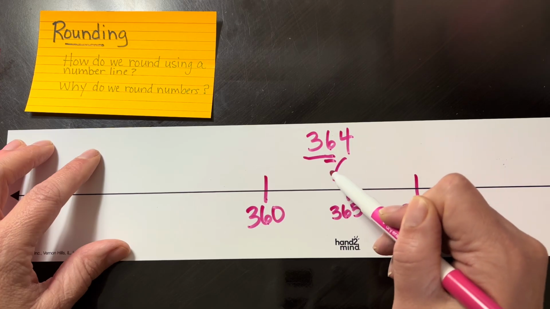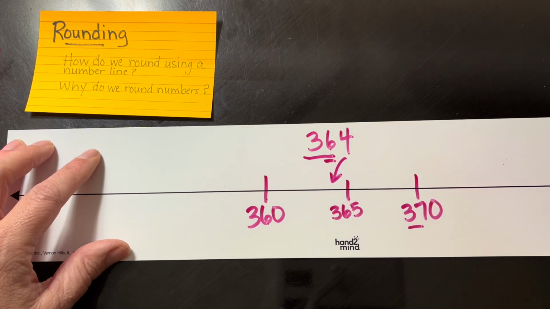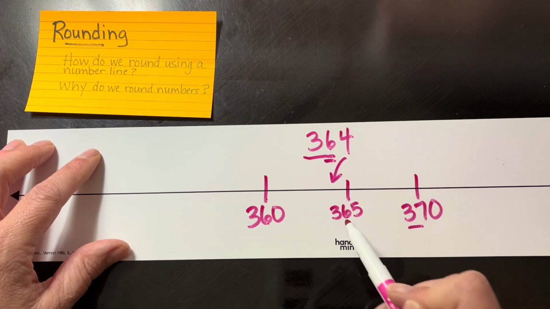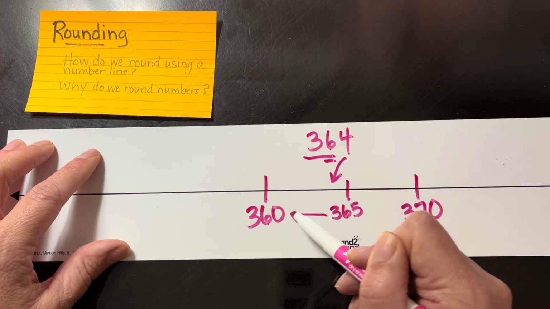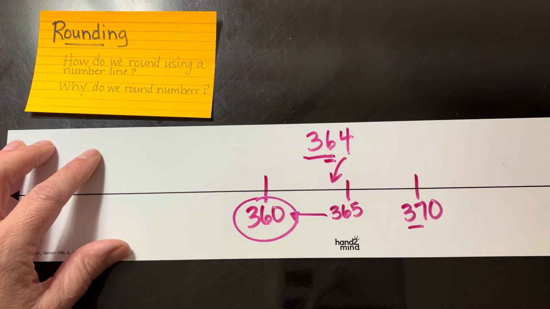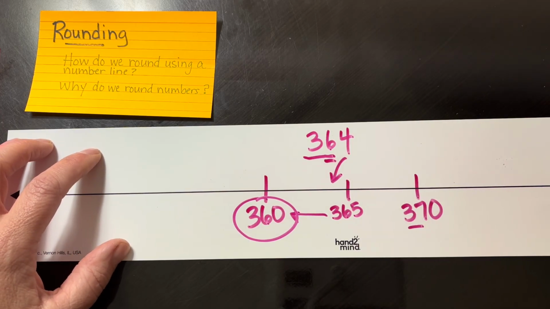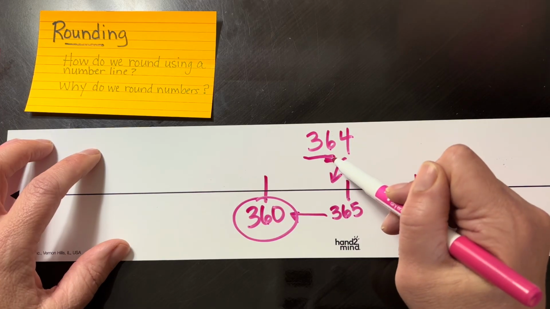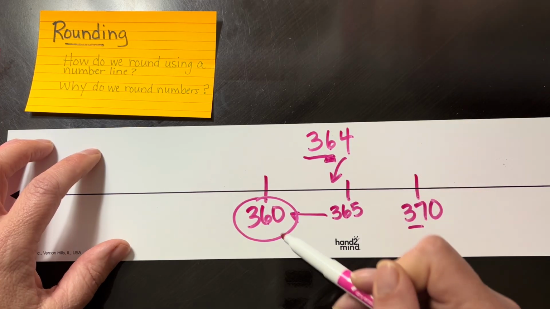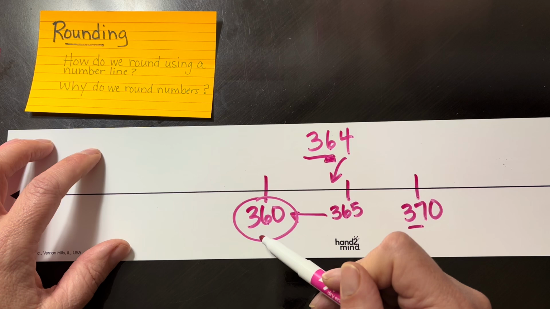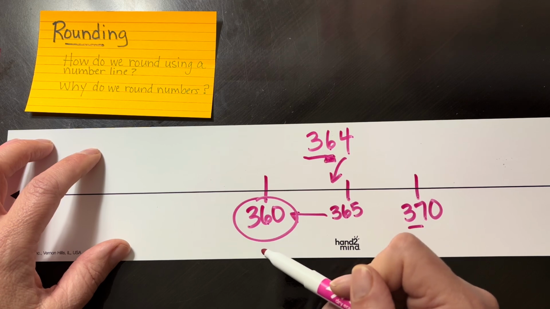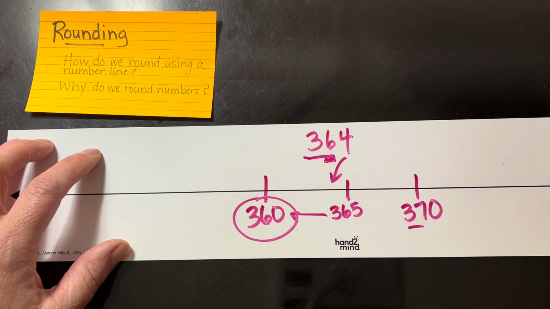And in this case, we can see it is less than. 364 is less than our benchmark number, which makes it closer to 360. If we were to round 364 to the nearest 10, it would be rounded to 36 tens, or 360.